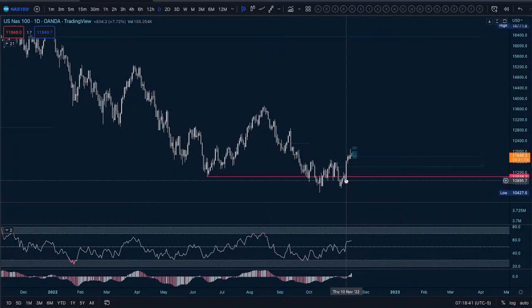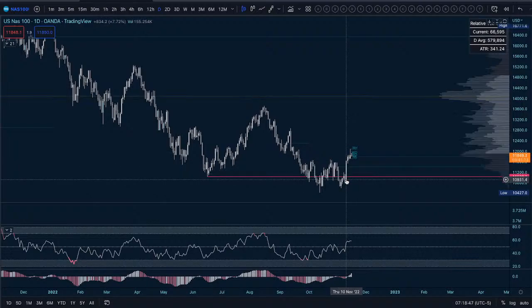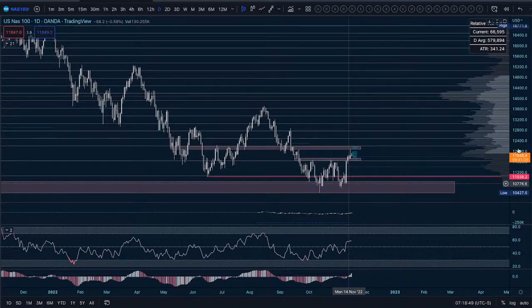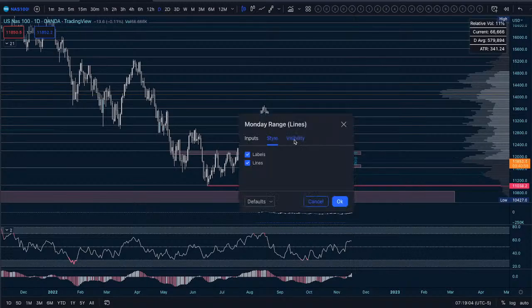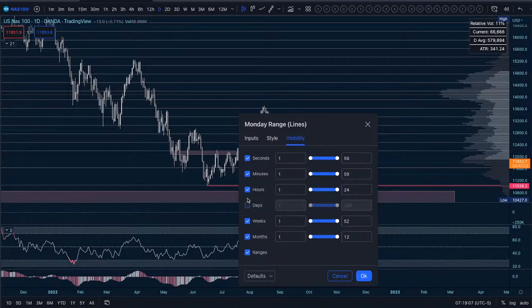See, it pretty much went upwards for the last week. So basically now it's trying to hold on, it shouldn't show in daily.